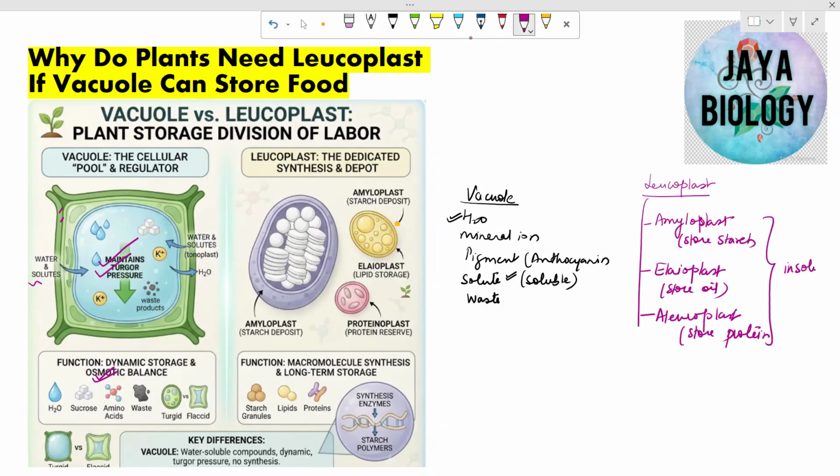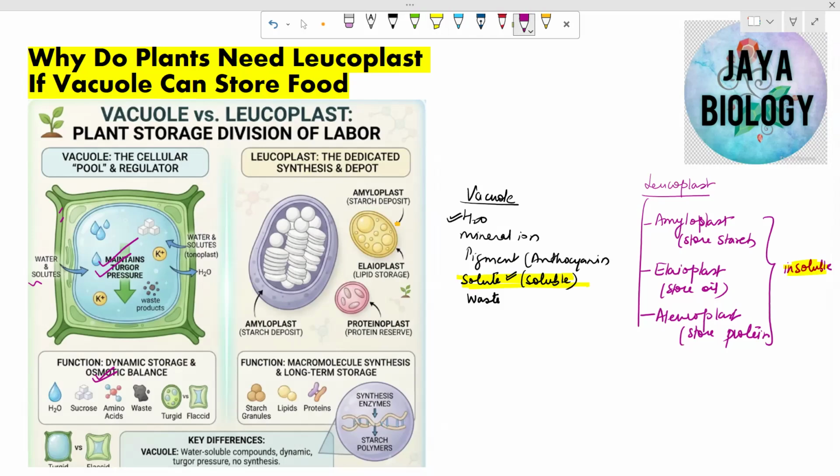So here is the difference: the vacuole is storing soluble solutes, and the leucoplasts are storing insoluble ones. Is it clear? Now, why is the leucoplast needed? Just imagine if all these things were not converted into polymers and we stored all the food in the vacuole.